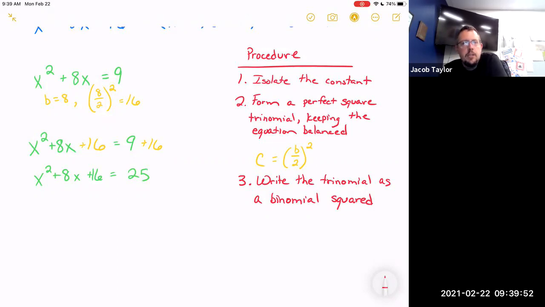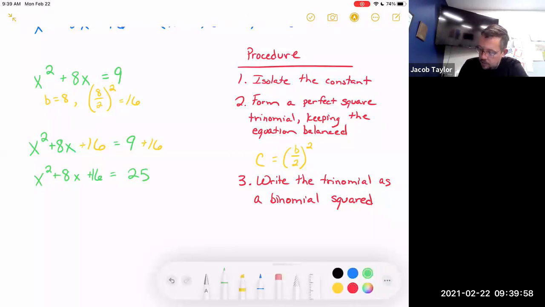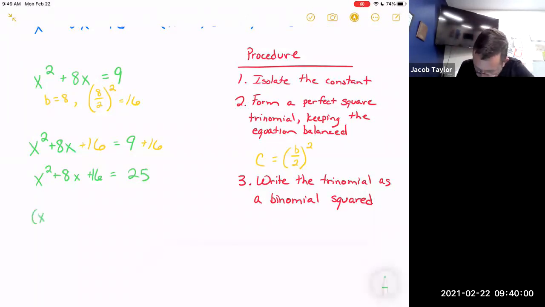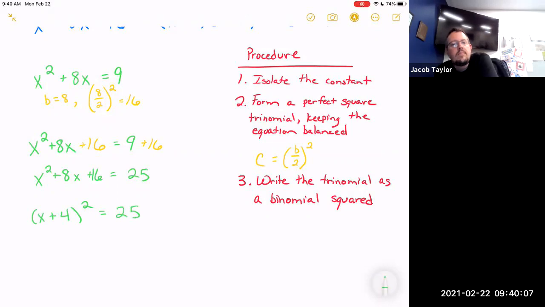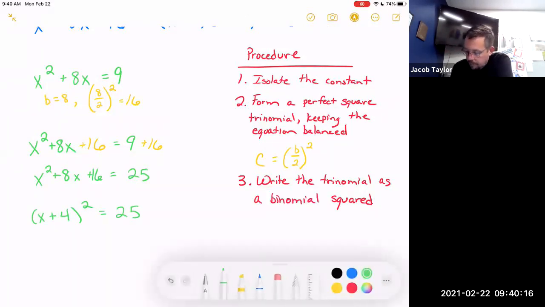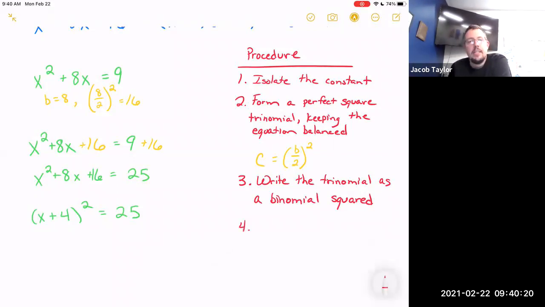X squared plus 8x plus 16 can be factored, as we already said, into x plus 4 times x plus 4, which is x plus 4 squared. Now, step 4 is we're going to use that square root property that we learned seemingly a month and a half ago.